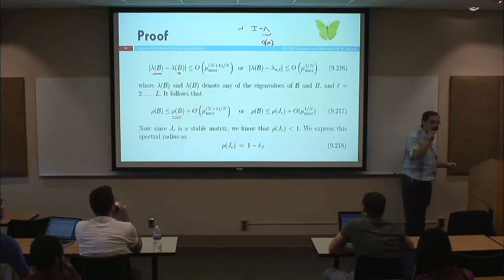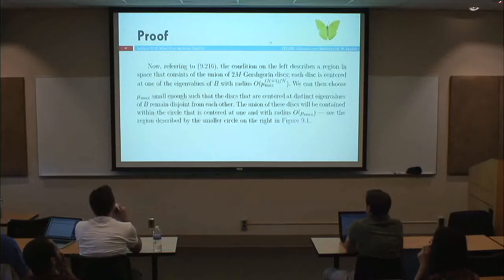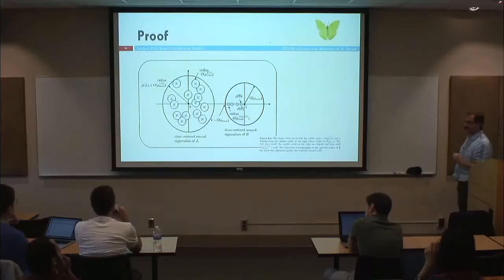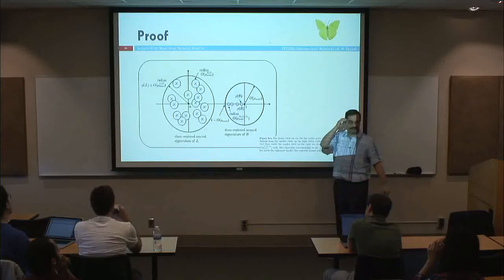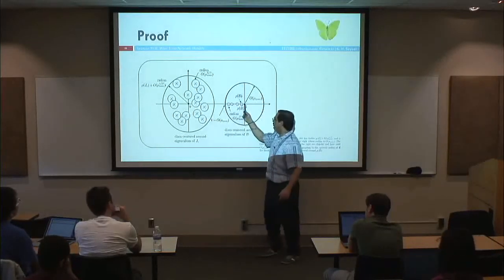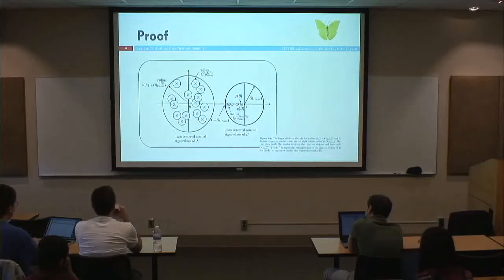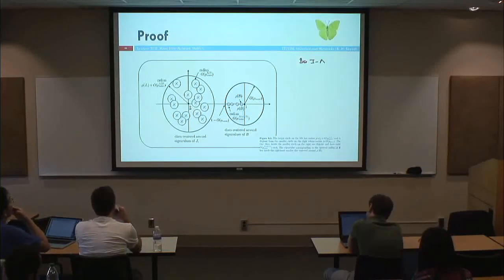So let's look at the figure, and then this will become clearer here. Let's look at this figure, okay? So this is 0, this is 1. Okay? Now, remember that the eigenvalues of the matrix B, which is similar to I minus lambda, right?